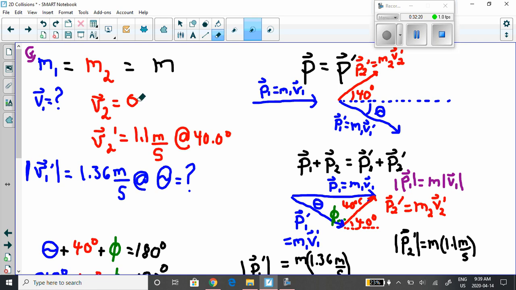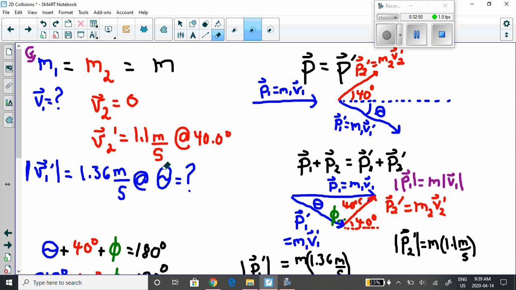Before the collision, the second marble, the red one, was not moving, so v2 equals 0. And after the collision, we know the velocity of the second marble, 1.1 meters per second at 40 degrees to the original direction of the blue marble. And we know that after the collision, the blue marble has a speed of 1.36 meters per second, but we don't know at what angle. We have no idea at what angle.